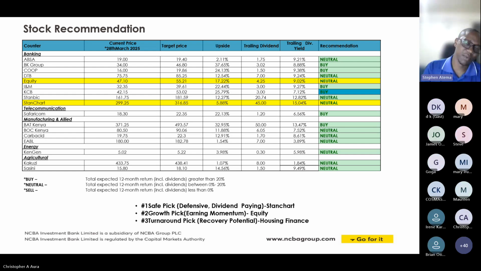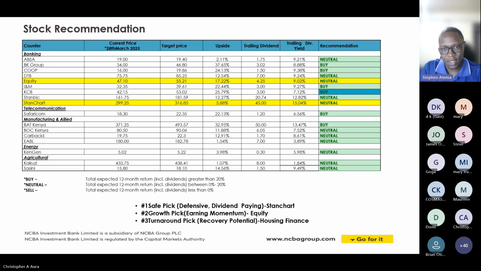Thank you for that detailed presentation, and also for ending with those stock recommendations. I would urge anyone who is here to take a screenshot, even though we shall be sharing these insights. On the stock recommendations, I have a quick one.